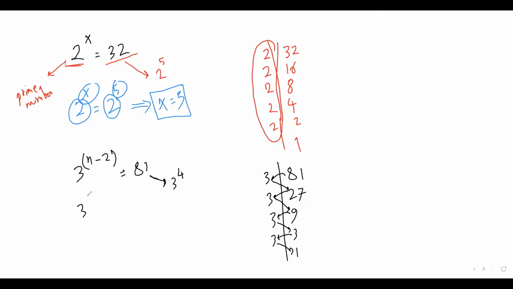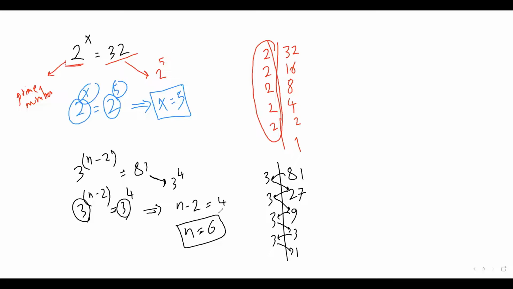So now the right hand side I know is 3 to the power of 4. So I have reached this stage where the bases are the same. So the conclusion is the powers must be the same as well, meaning n minus 2 must be equal to 4, and that yields n being 6, right? So as simple as that.